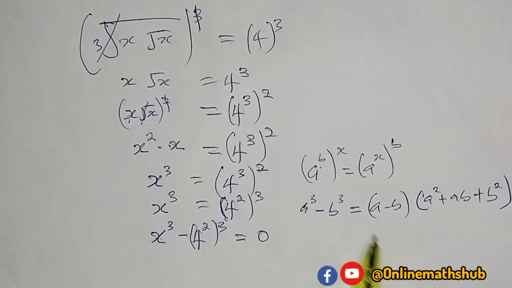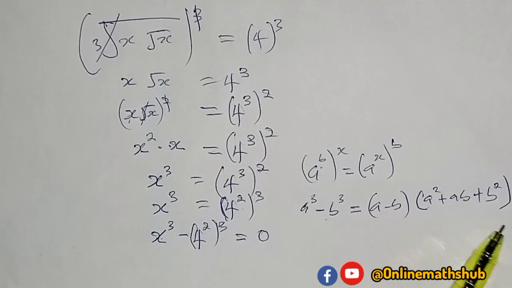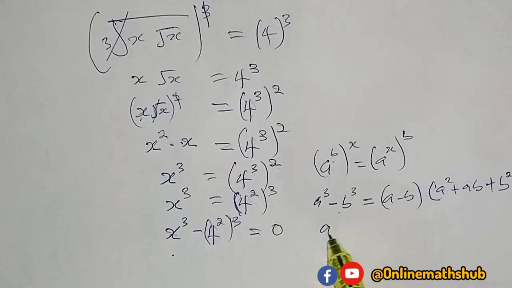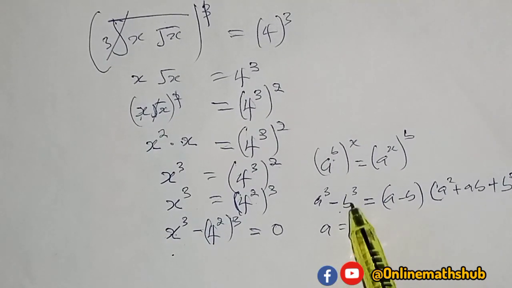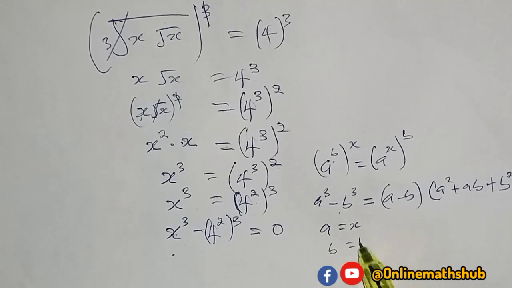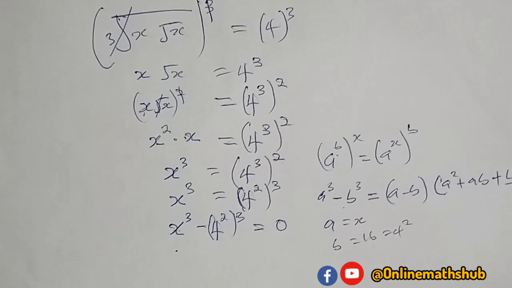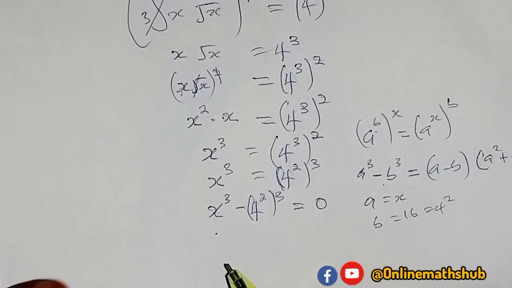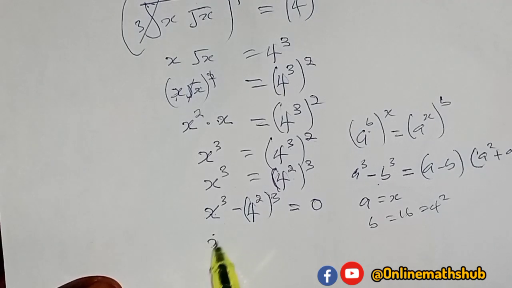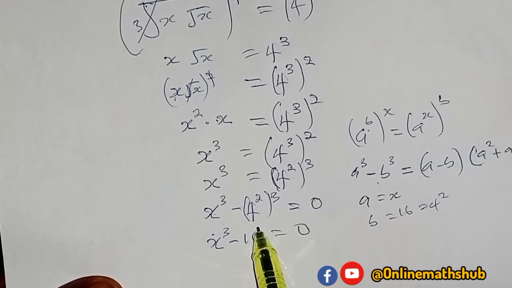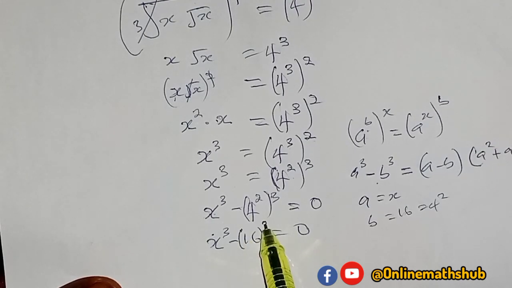Okay, so I want to use this expression right here to expand this, where in this case my a is x, and my b is equal to 16, which is 4 raised to power 2. So what I have right here now is x cubed minus 16 cubed is equal to 0. Of course, this is 16 raised to power 3.